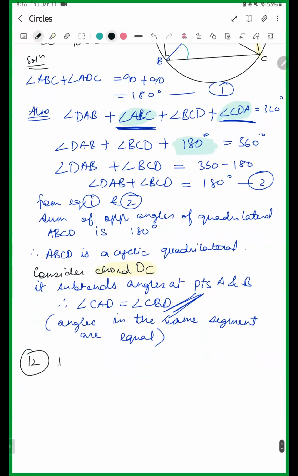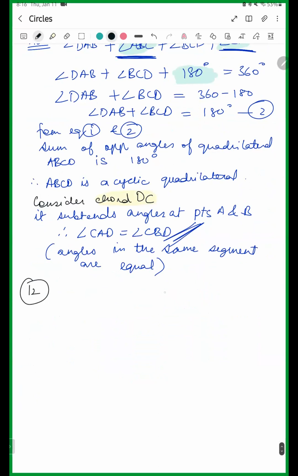Next question, prove that a cyclic parallelogram is a rectangle.